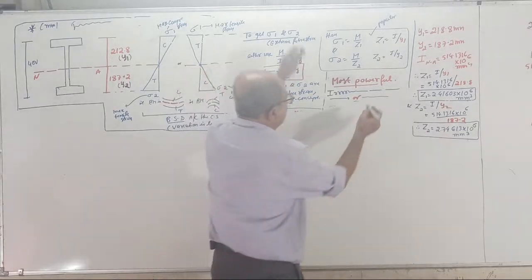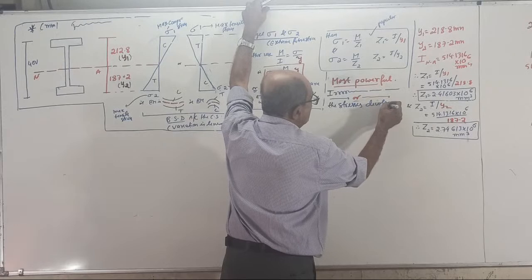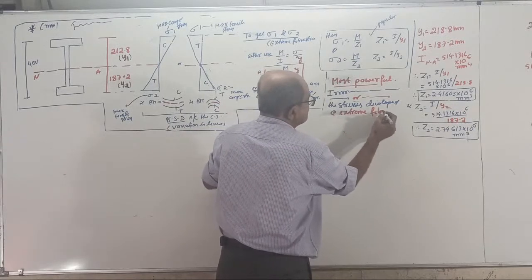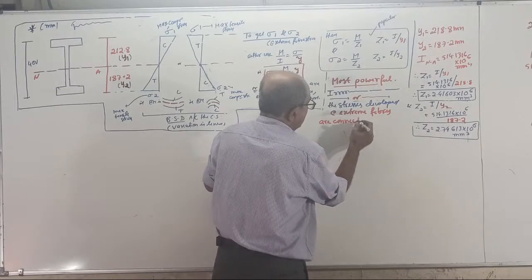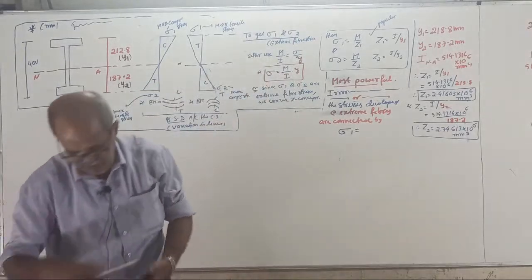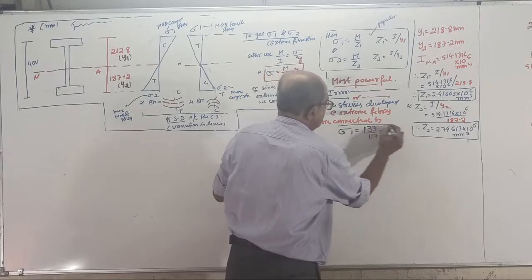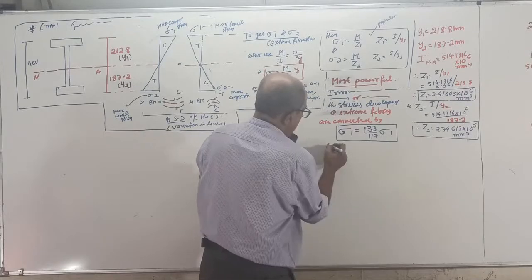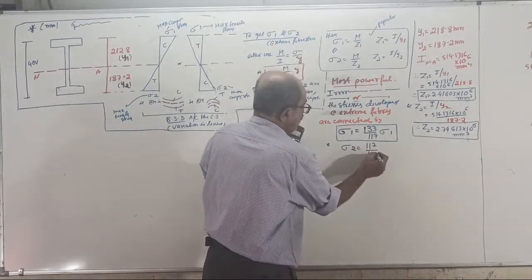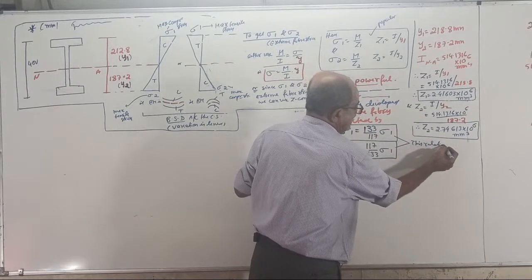Irrespective of whatever you are calculating, the stresses developed at extreme fibers are connected by, if you want to link, sigma 2 equals 133 by 117 times sigma 1, or the other way, sigma 2 equals 117 by 133 sigma 1. See, right here, this relation should be satisfied.